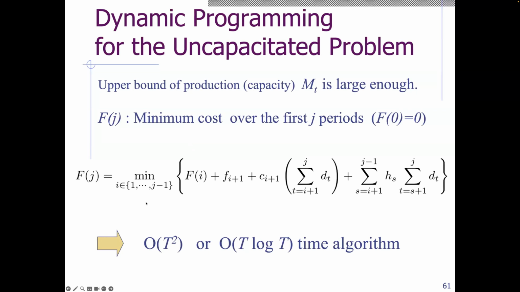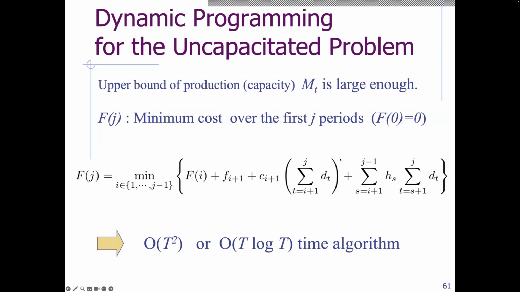Here is an algorithm that is based on dynamic programming. Let capital F(j) denote the minimum cost over the first j periods. Starting with the initial condition F(0) equals 0, i.e., the minimum cost to period 0 is 0, we can derive the following recursive equation.